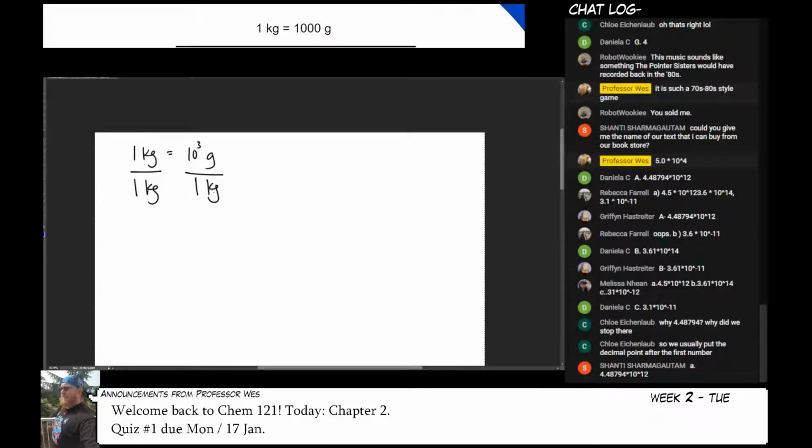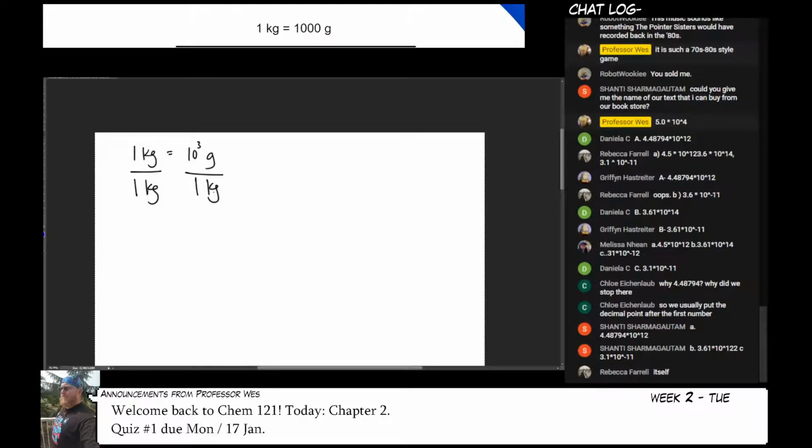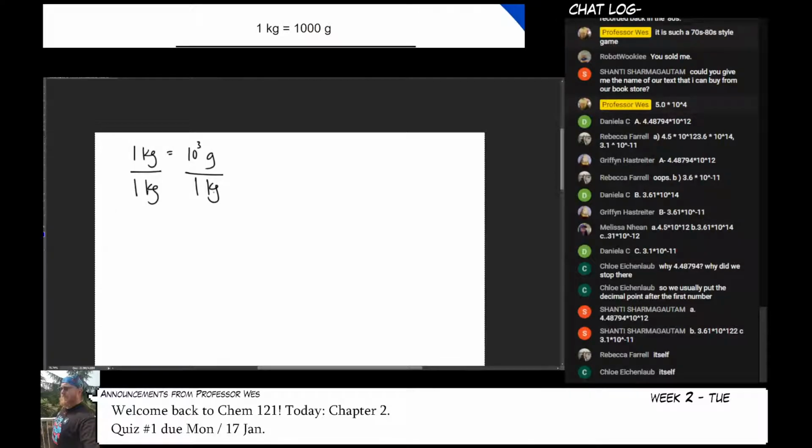Now, what happens if you divide something by itself? What is anything divided by itself? What does that equal? Type it in the chat. No, that's a number multiplied by 1.